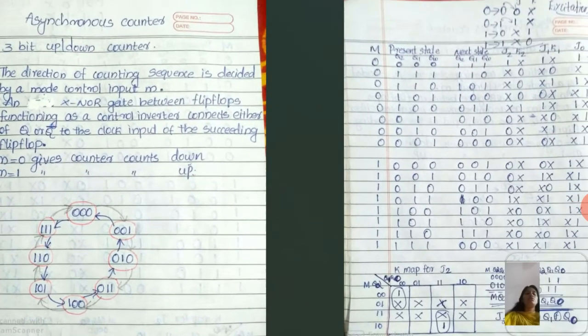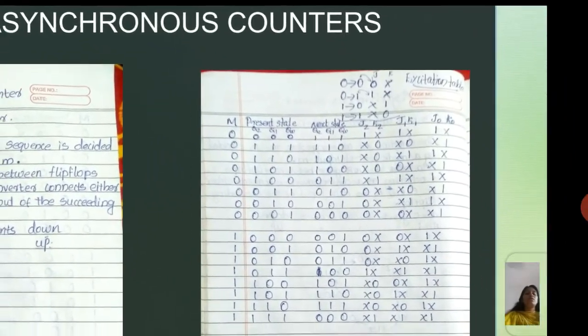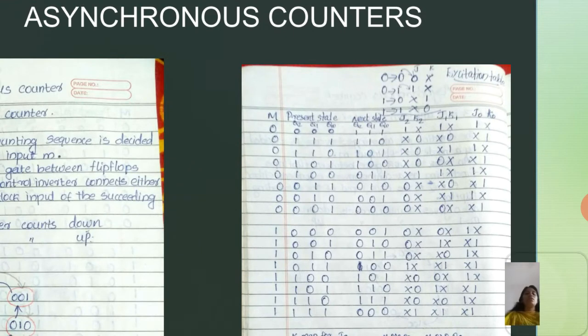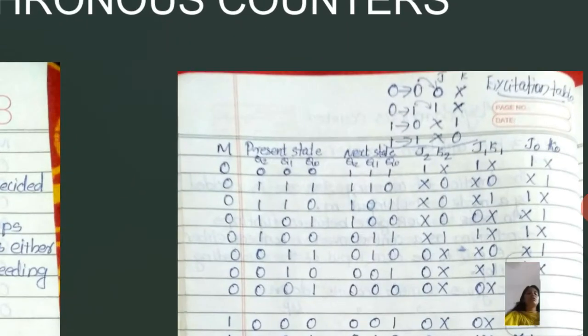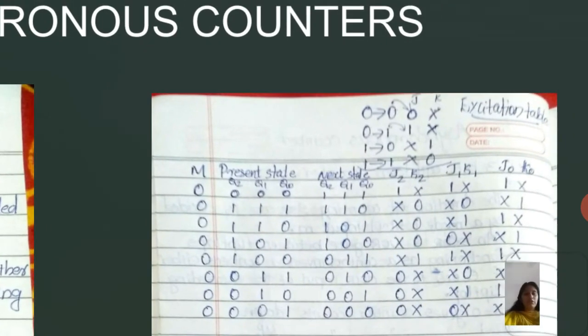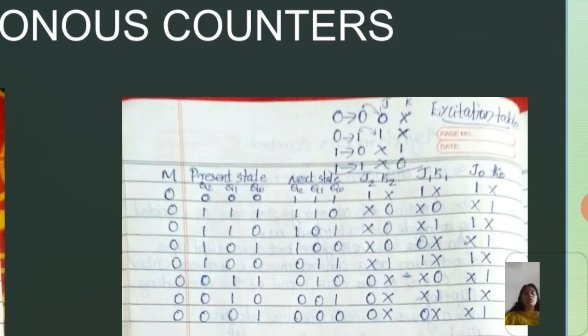Then you have to draw the excitation table of the JK flip-flop. Here you can see the excitation table of the JK flip-flop. Here the counter is implemented with JK flip-flops, that's why we are writing the excitation table of JK. We know the truth table of a simple JK flip-flop.